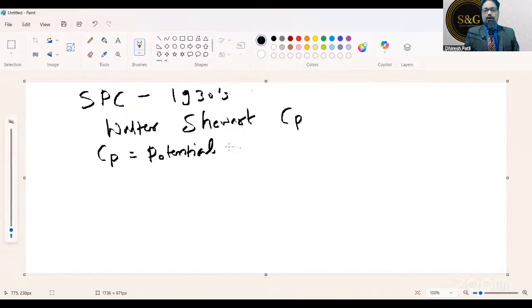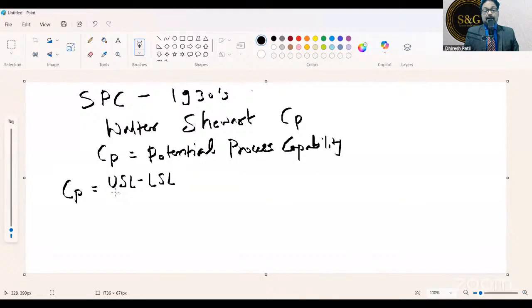I'll give you the formula, then we'll calculate it as well. The formula for Cp is USL minus LSL divided by 6 times standard deviation. Make a note of this. Industry started with this formula.